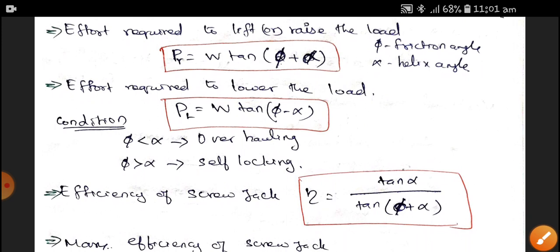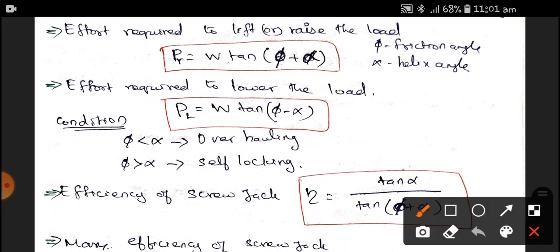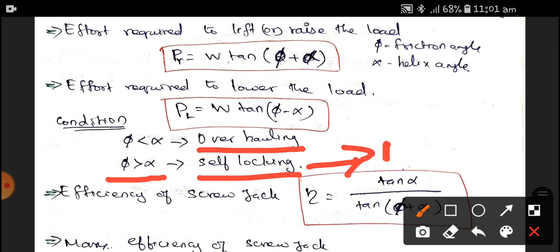Two conditions we have to know: when the screw is called self-locking or overhauling. The condition is when the friction angle is more than the helix angle, it is said to be self-locking. The efficiency of a self-locking screw is always less than 50%.